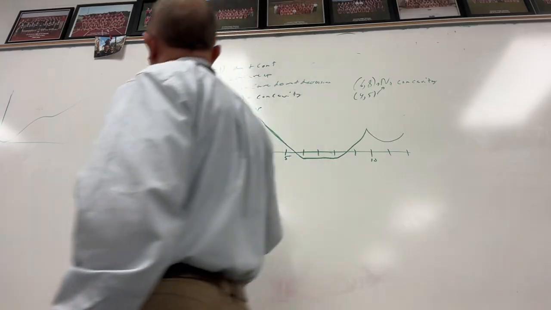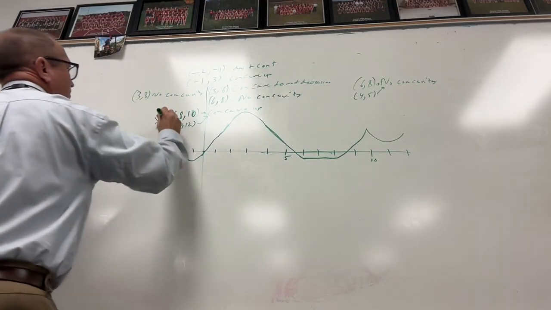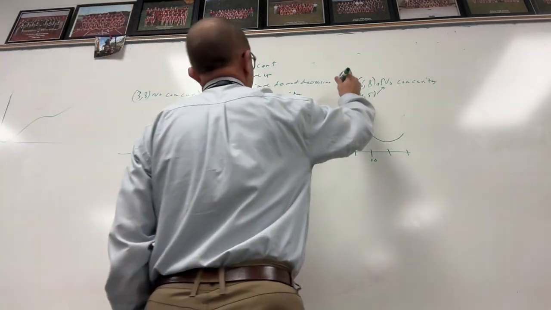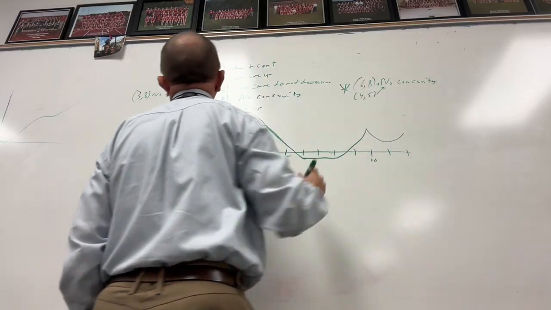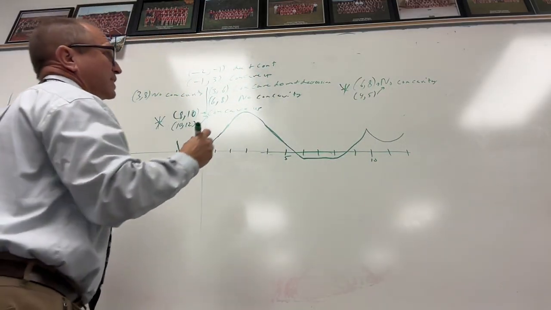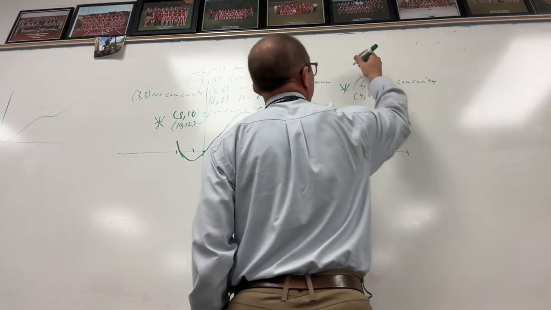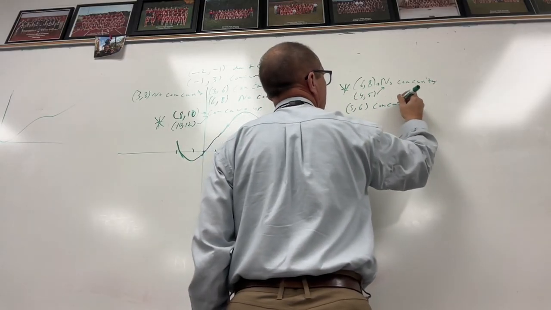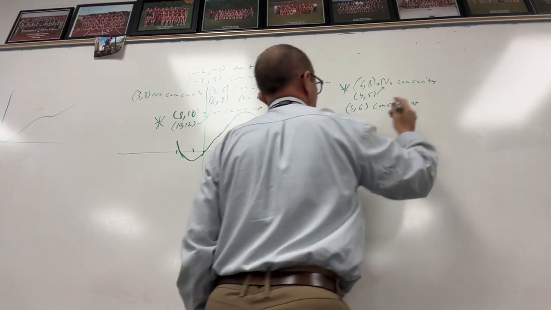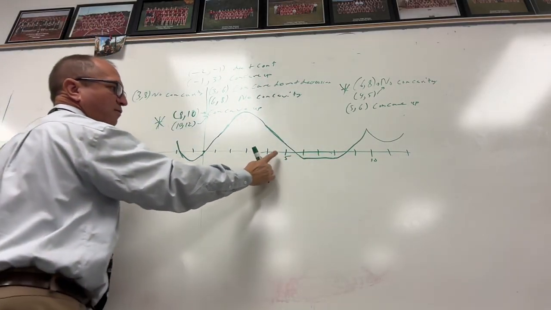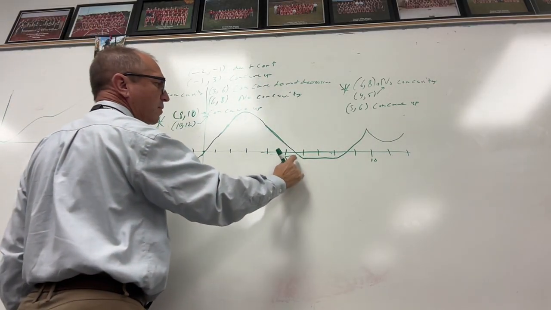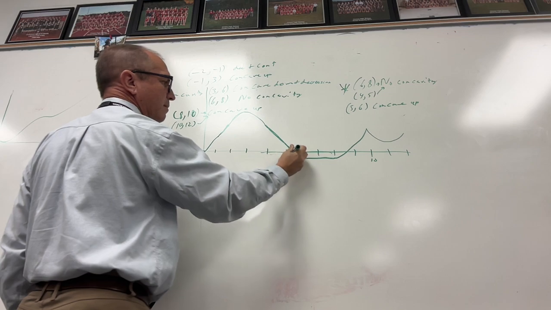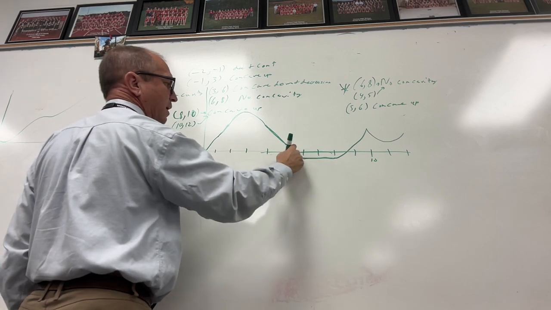Now, these things right here are correct. So now you're saying 5 to 6, we're concave up. Now, looking at this graph right here, from 5 to 6 is a little bit hard to tell, but it should be concave up right there.